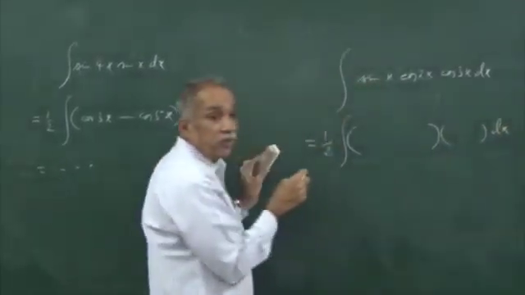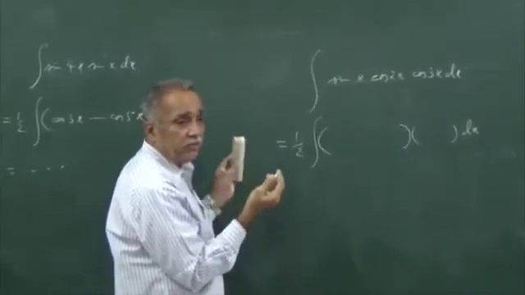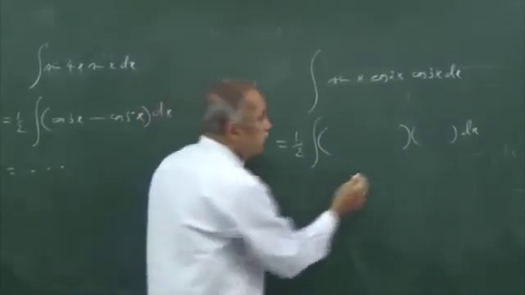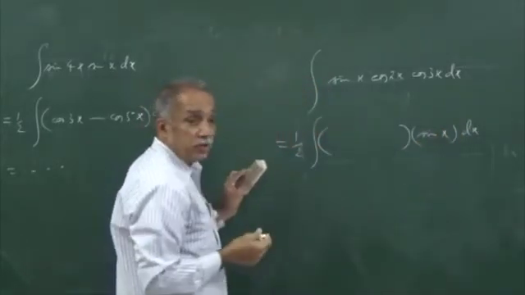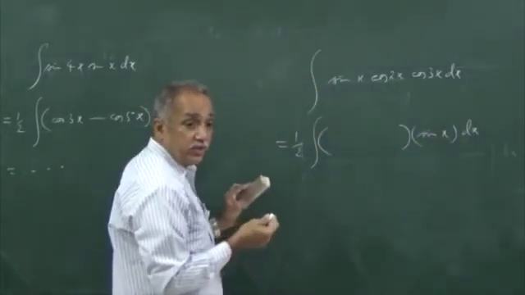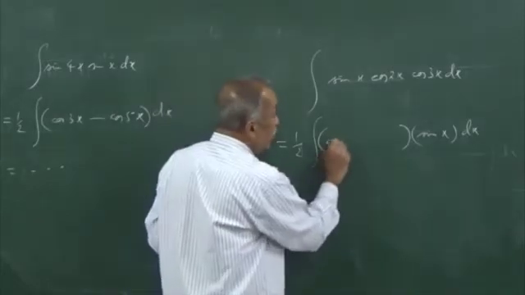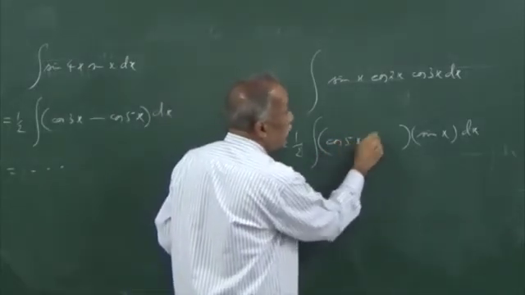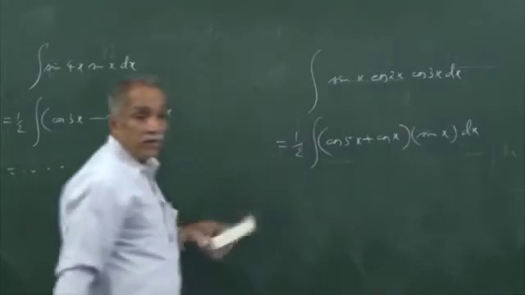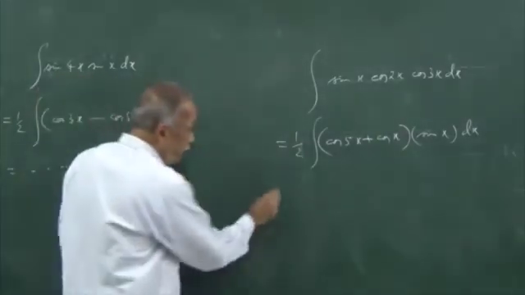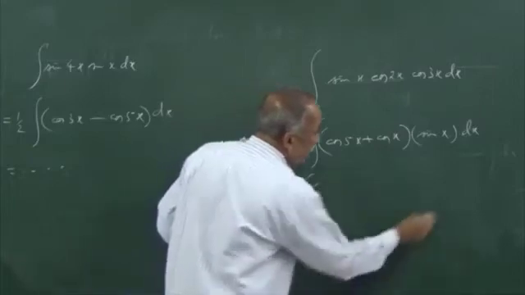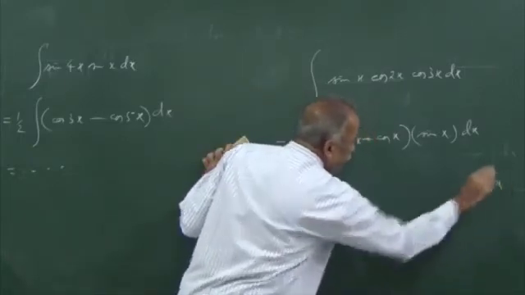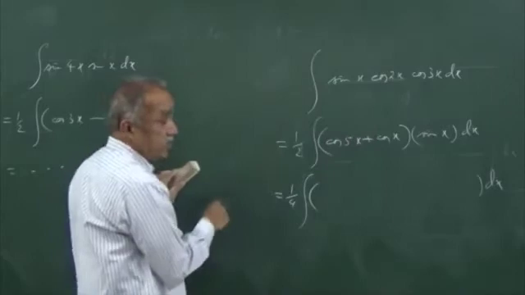Which factor you prefer to keep outside? Any one of the three. Sin x, okay. Other remaining product, cos A cos B, 2 cos A cos B is... I bring the sin x inside.